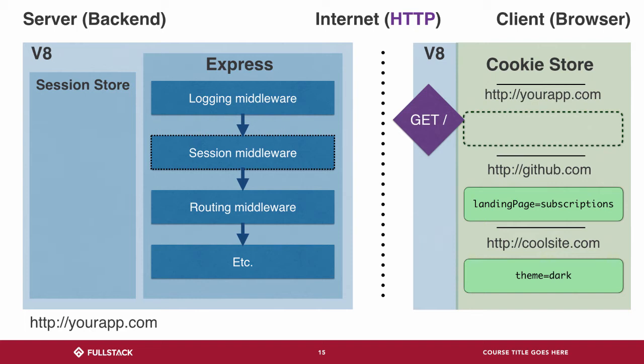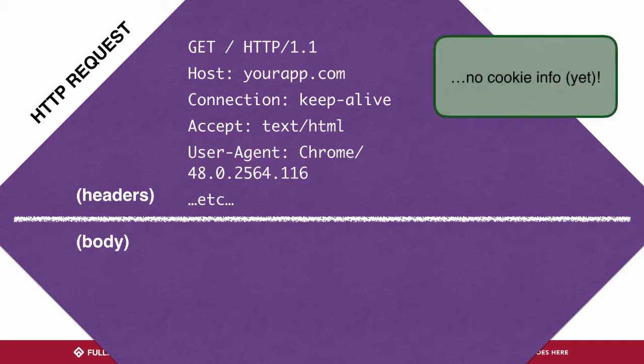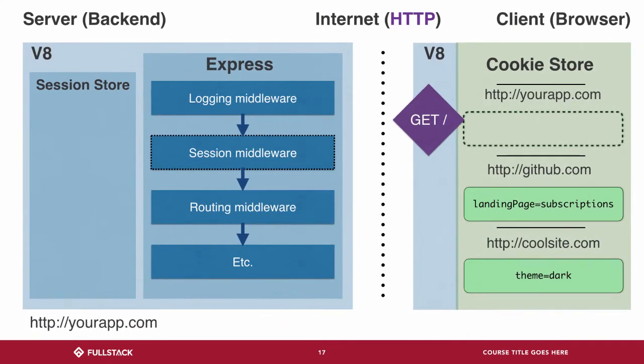What will happen here is there's no cookie inside of the cookie store, so the request gets made without the cookie. So it goes to the server, and there's no cookie that has been sent yet.